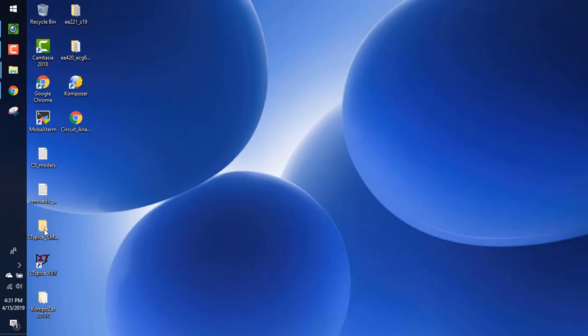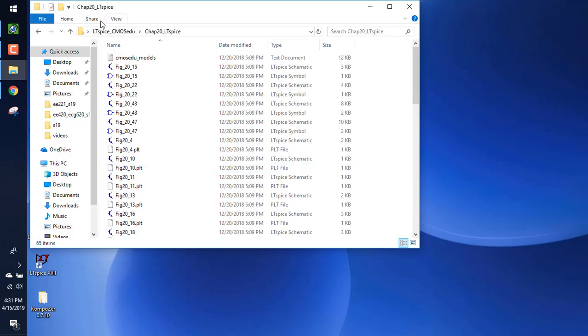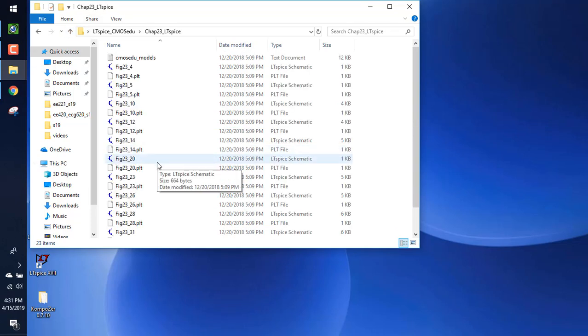And I can go over here, and I'm pretty sure I have a simulation in chapter 23. And let me just look and see what it is. Let me see, beta multiplier, temperature, behavior. Oh, this looks so familiar. Let's look at 2314.